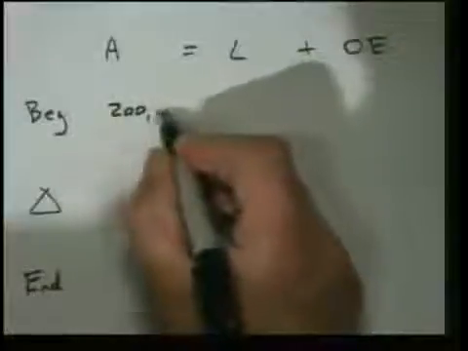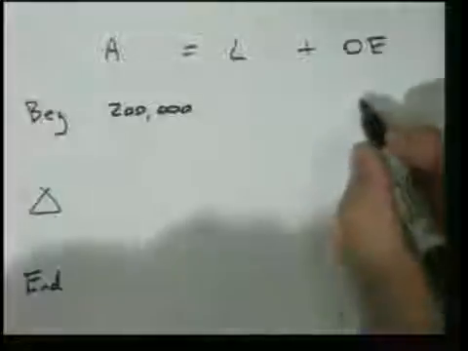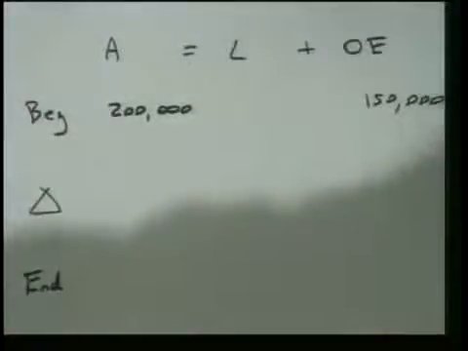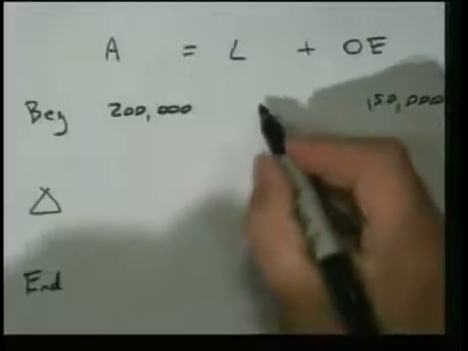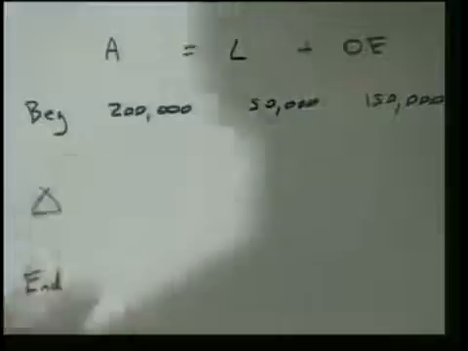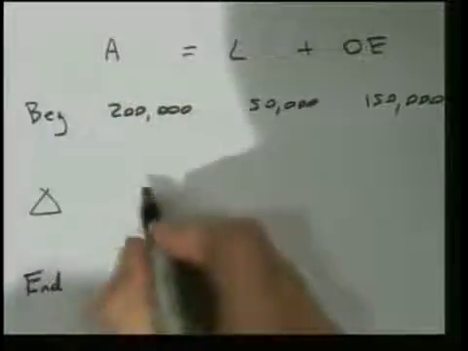At the beginning of the year, Logan Company's assets are $200,000. So let's put $200,000 in there. And its equity is $150,000, correct? Well, we know liabilities, don't we? What are liabilities? 50. Okay? During the year, assets increase 70,000.